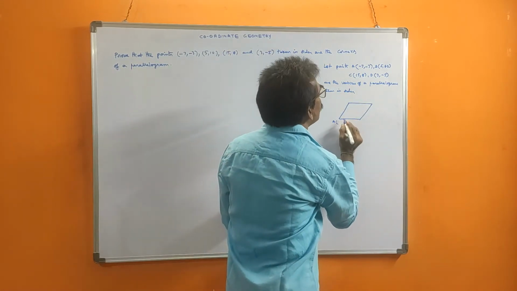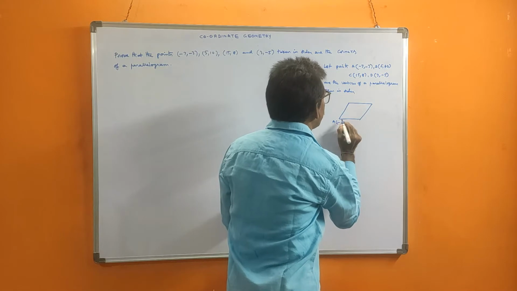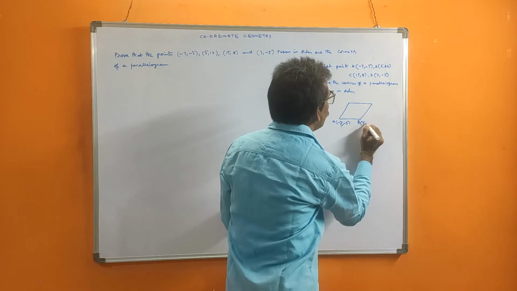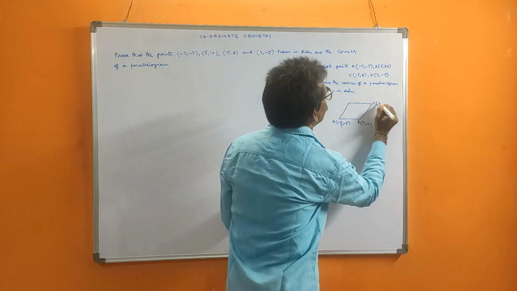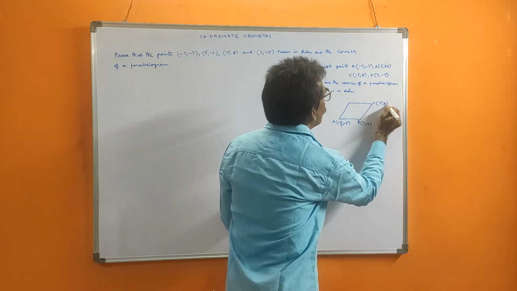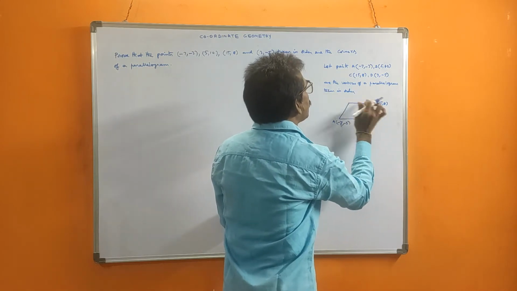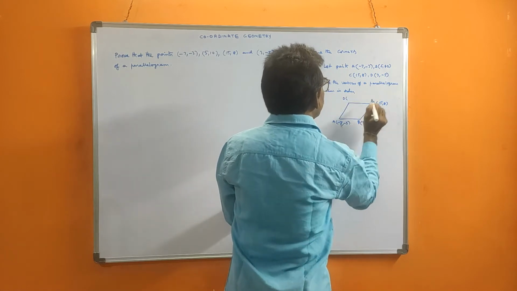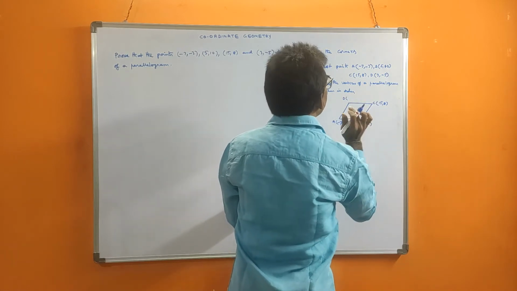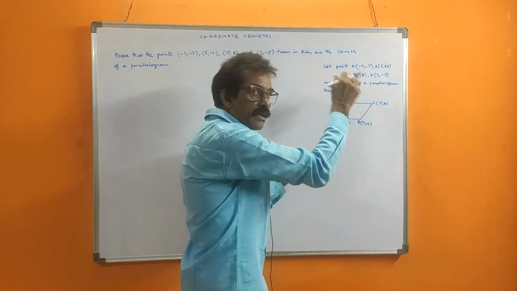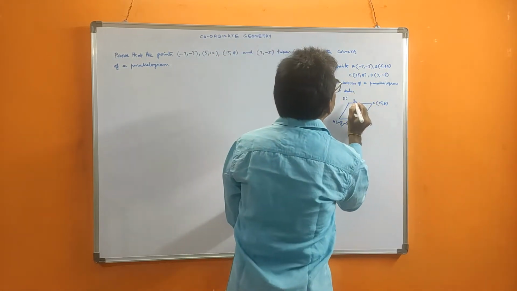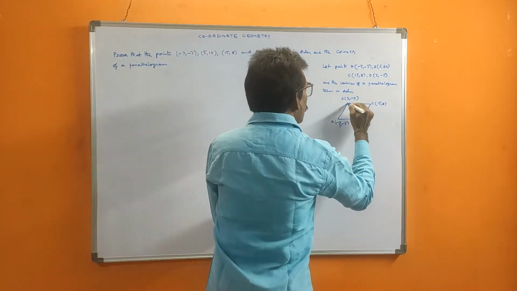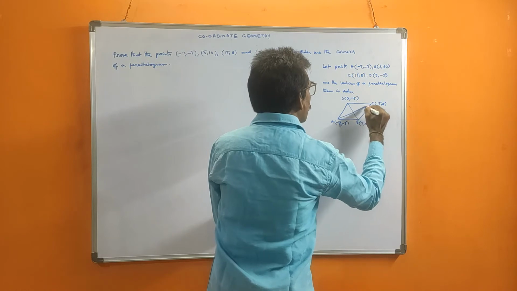A is (-7, -3), B is (5, 10), C is (15, 8), and the remaining point D is (3, -5). Wherever you start, you should take the points in cyclic order. BD is one diagonal, AC is the other diagonal.